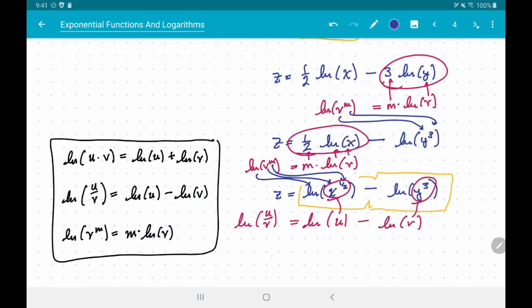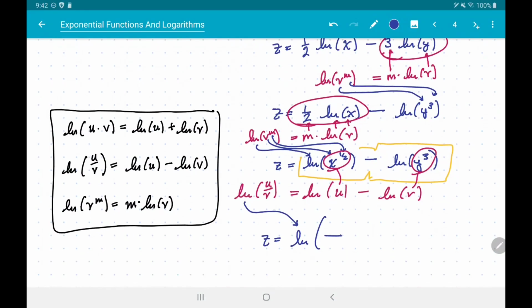So when I rewrite this, I'll get ln of division. The v is y cubed, that's over here, and the u is x to the 1/2.